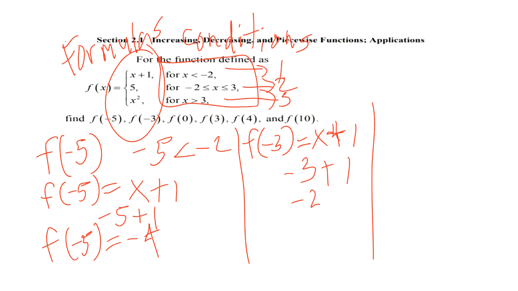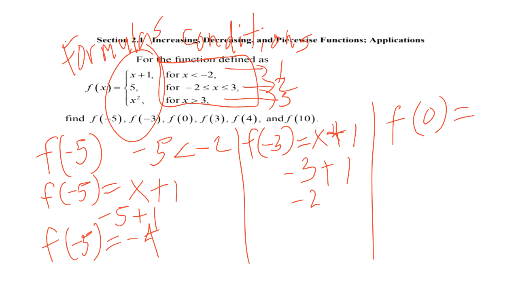Now I have f of 0. So 0 is not less than -2. 0 is not greater than 3. So it's going to be the middle one. So 0 is greater than or equal to -2, and 0 is less than or equal to 3.